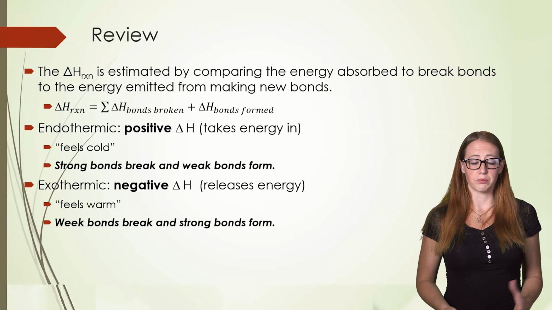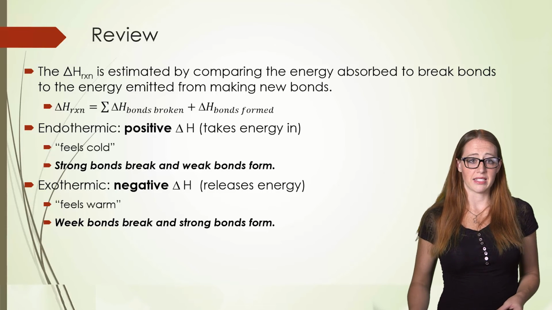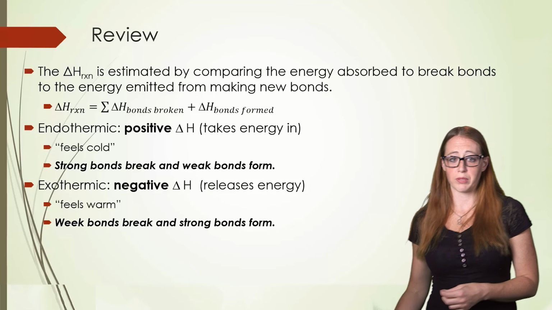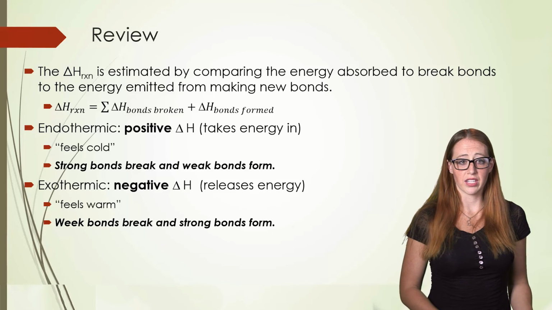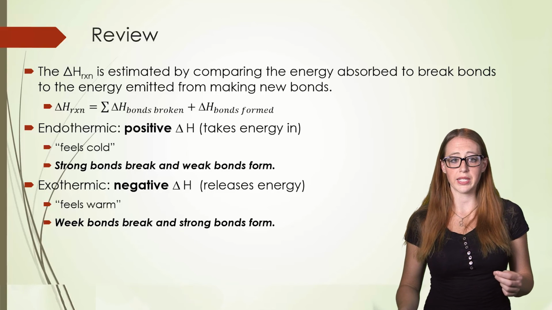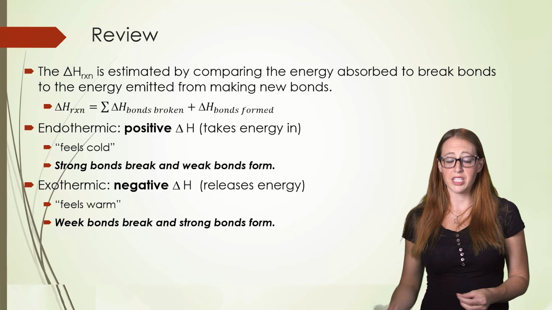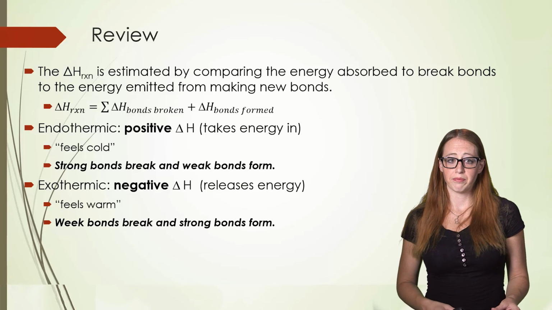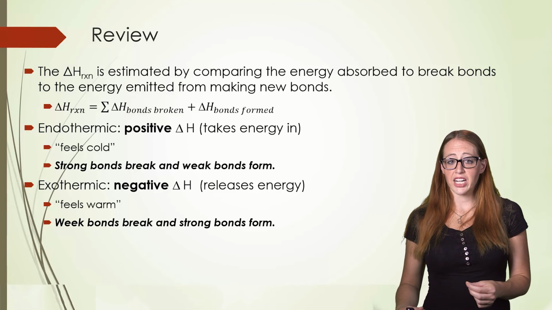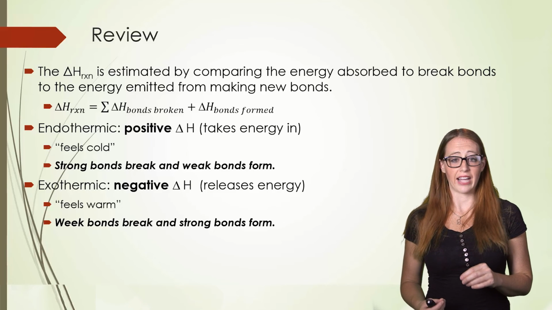So a very quick review of our review, let's say. The delta H is always going to be estimated by comparing the energy that is absorbed to break bonds versus the energy that is emitted from making new bonds. We have three different ways of doing that, but they're all doing the exact same thing, comparing bonds broken to bonds formed. In an endothermic reaction, when you compare that balance, your products are going to have a higher energy.